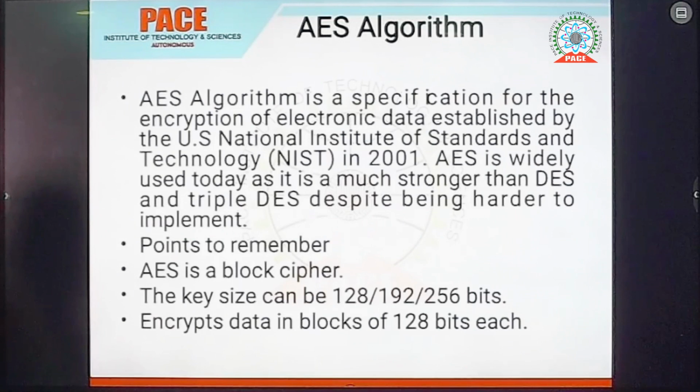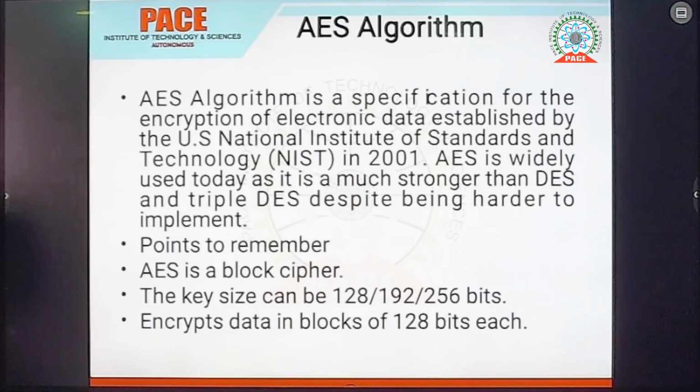Now, after completion of DES algorithm, we will go into the AES algorithm. AES is nothing but Advanced Encryption Standard algorithm. This is one of the advanced versions of the DES algorithm. AES algorithm is a specification for the encryption of electronic data established by the US National Institute of Standards and Technology in 2001.